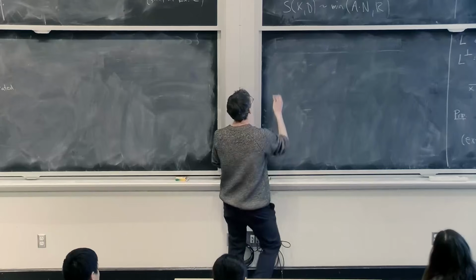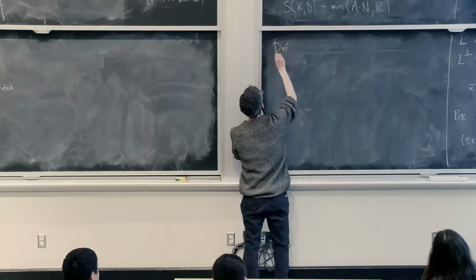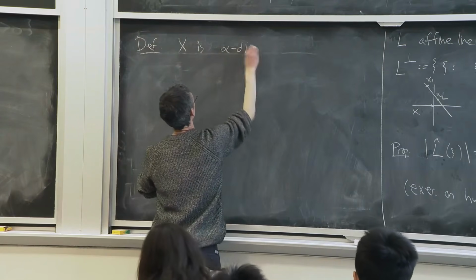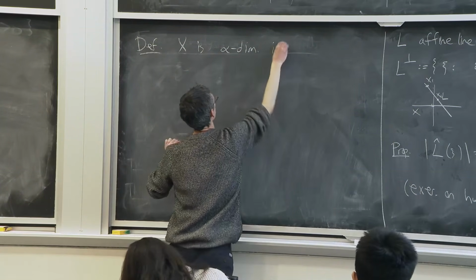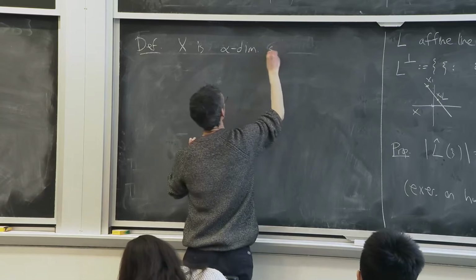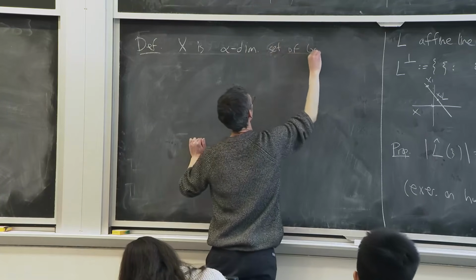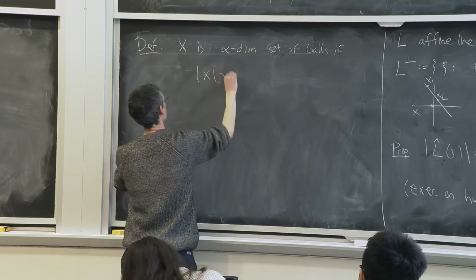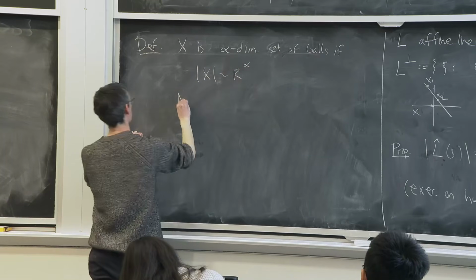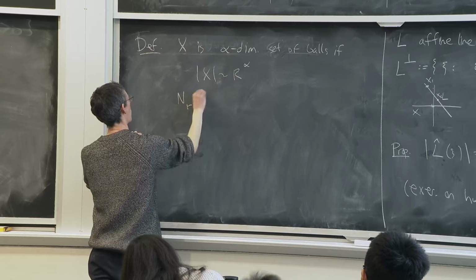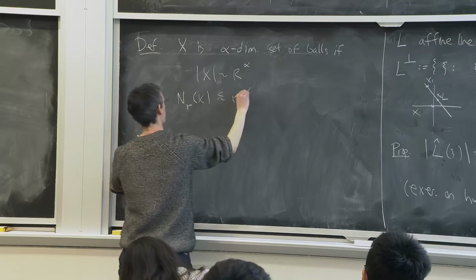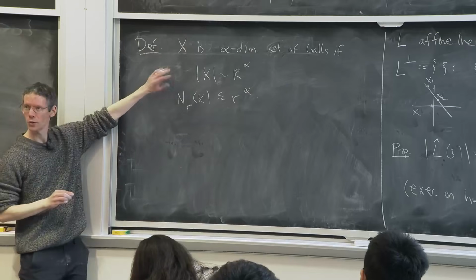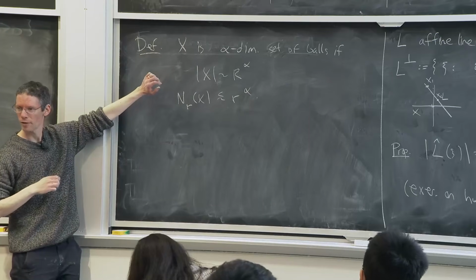So we could say that x is an alpha dimensional set of balls if the total number of balls is around r to the alpha, and n sub r of x is less than little r to the alpha. This numerology is sort of consistent with how fractals behave.